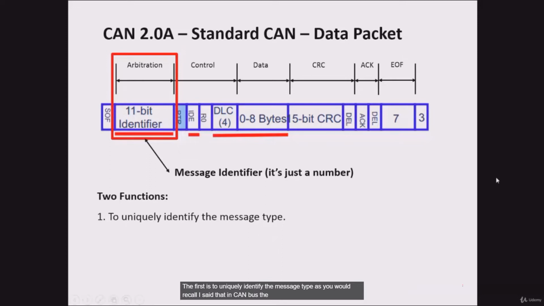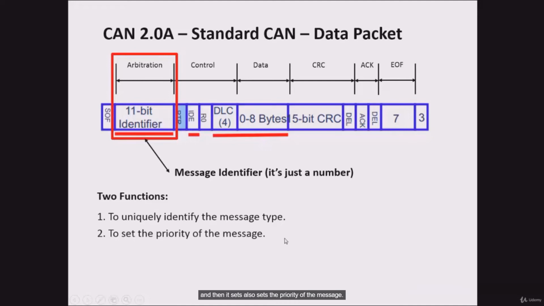As you would recall, I said that in CAN bus, the various devices don't have their unique address that identifies them like in Modbus or Ethernet or TCP/IP. What is uniquely identified are the message types, the messages. So the messages have IDs, and those IDs are not the IDs of the senders or receivers of the information. Message identifier, it must be a unique number that identifies a particular message type.